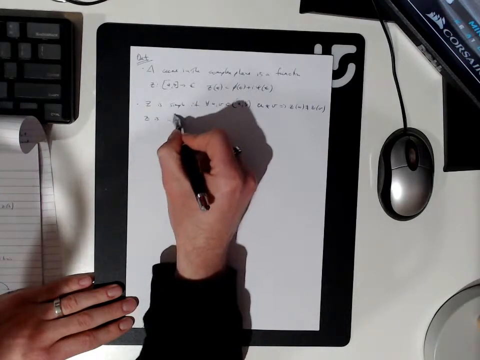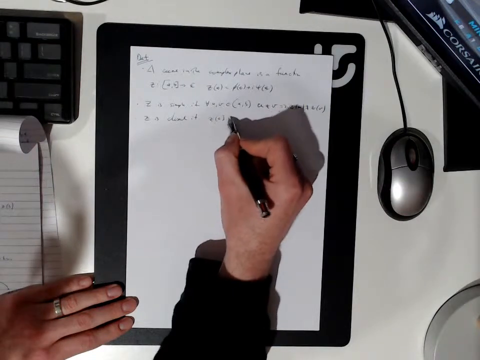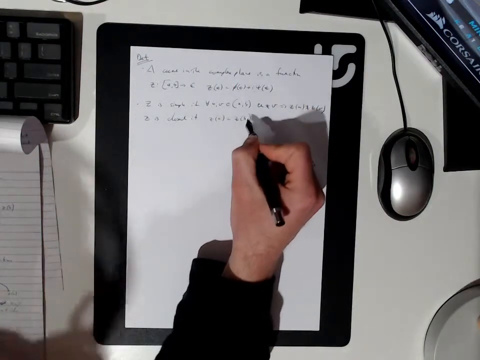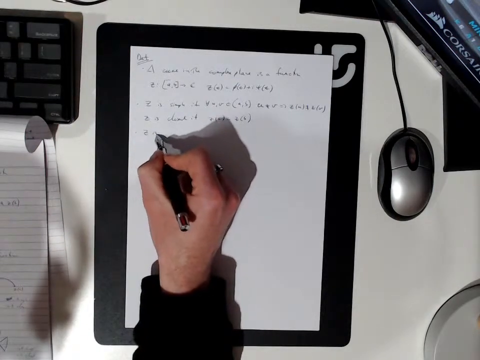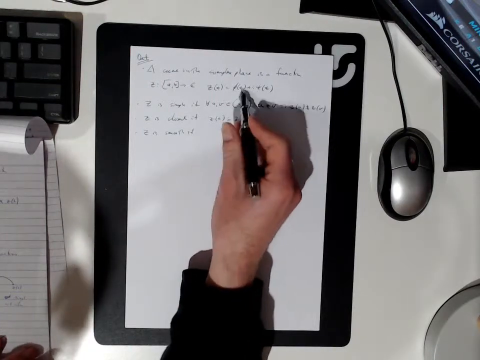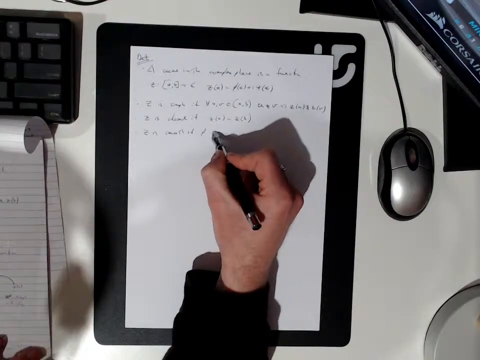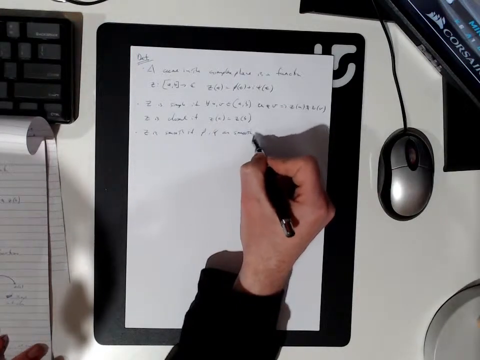z is closed if z of a equals z of b. z is smooth if phi and psi are smooth real functions.